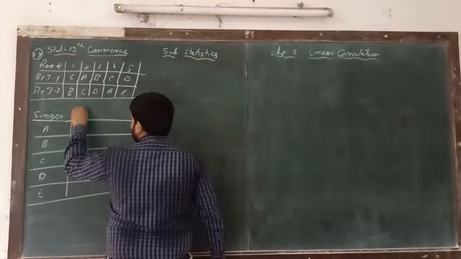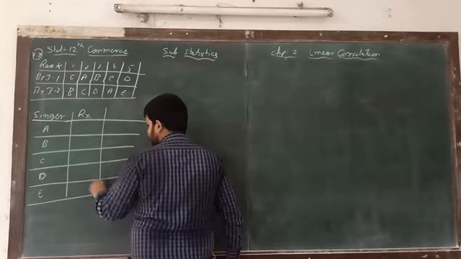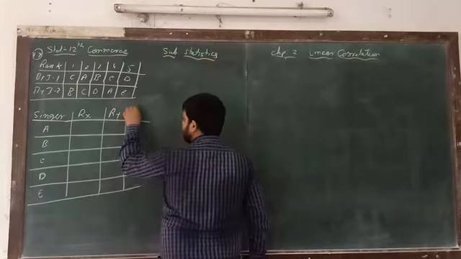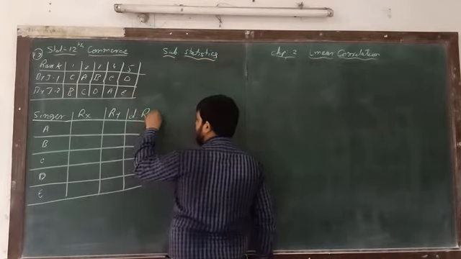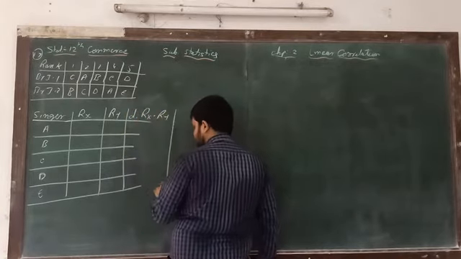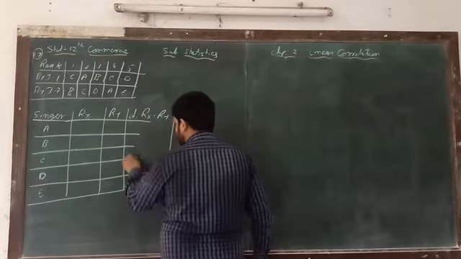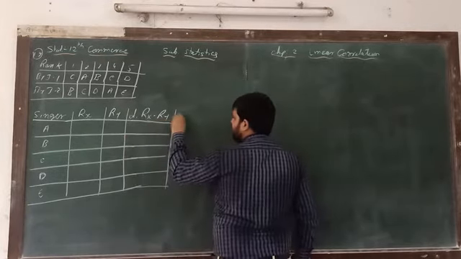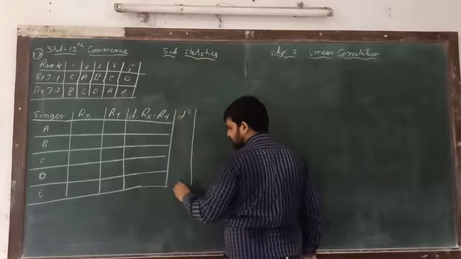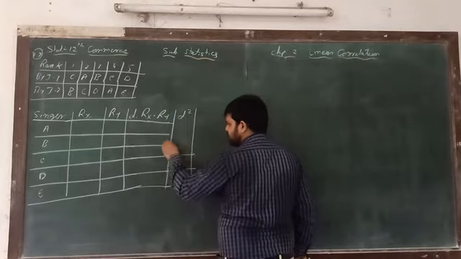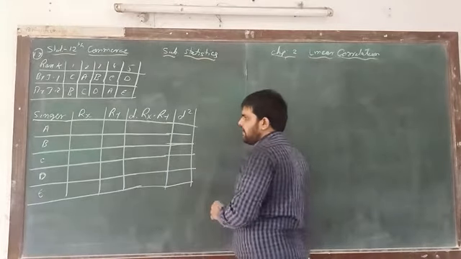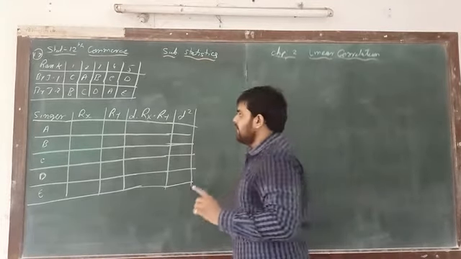Judge number 1 is Rx, judge number 2 is Ry, then d is Rx minus Ry, and lastly we have to find d square.